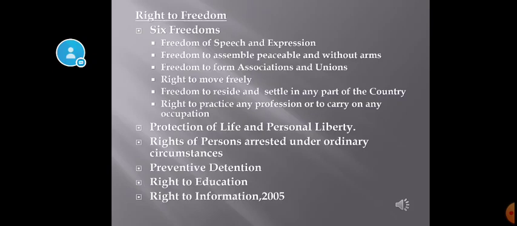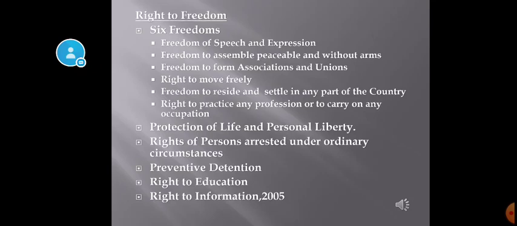First, the state may impose reasonable restrictions on the right in the interests of the general public. Thus, there is no right to carry on a business which is dangerous or immoral for society. Second, professional or technical qualifications may be prescribed for practicing any profession or carrying on any trade.